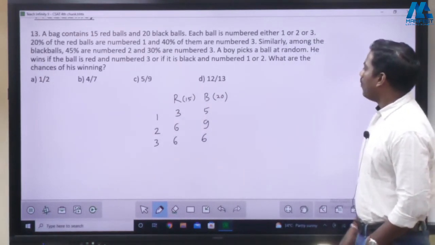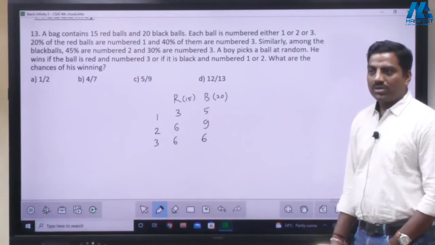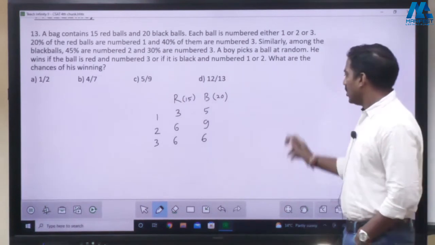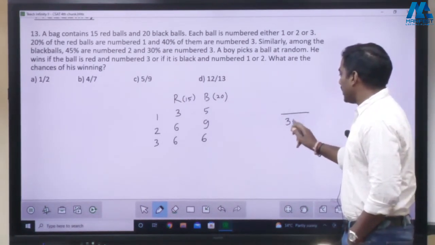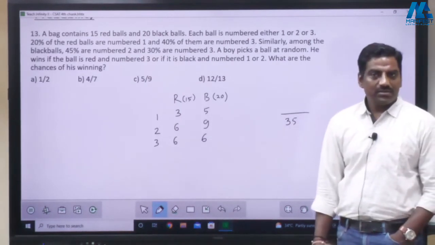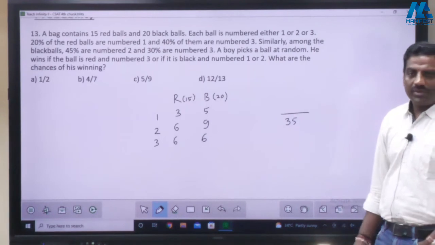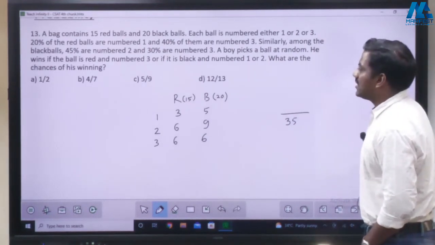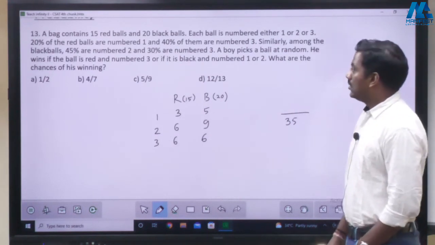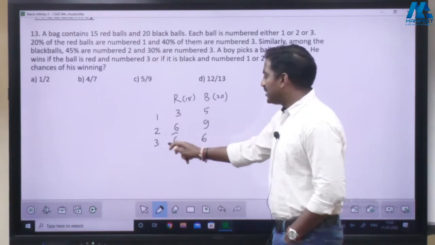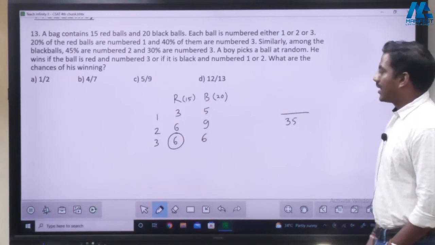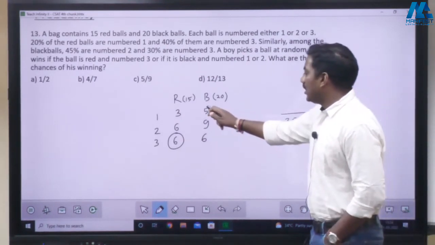A boy picks up a ball at random. How many balls are there totally? Total balls, 35. So out of these 35 balls, he is picking up one ball. 35C1, nothing but 35 only. He wins if the ball is red and numbered 3, if he picks up one of these 6 balls, or if it is black and numbered 1 or 2.